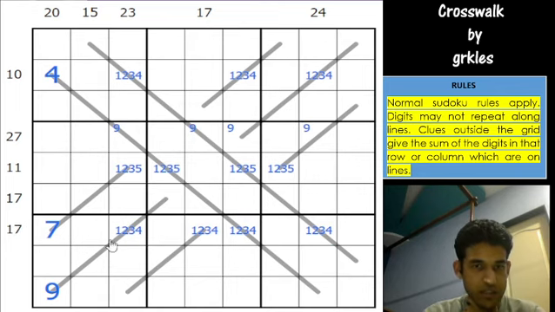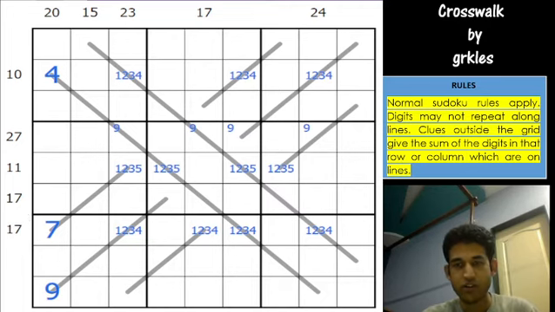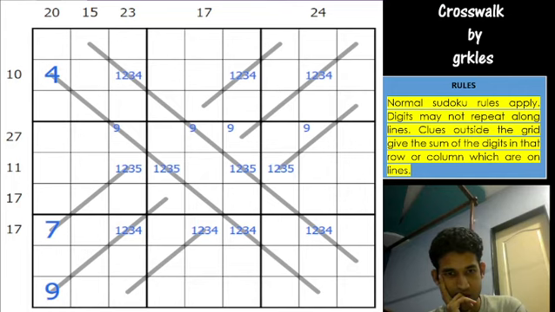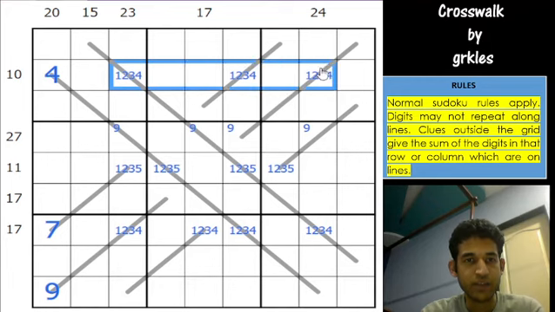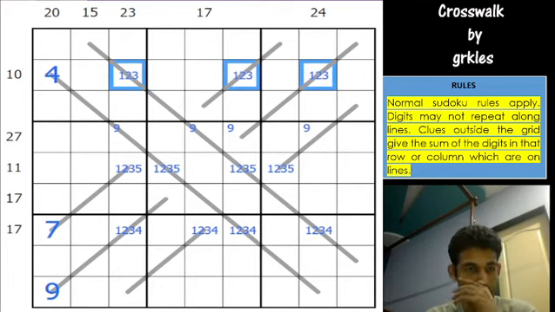I don't think this interface allows that. Okay. And now we can reduce these pencil marks, right? This and this becomes 1, 2, 3.